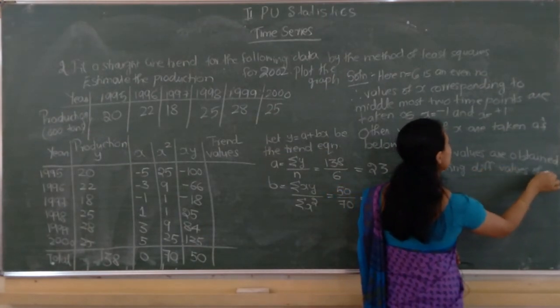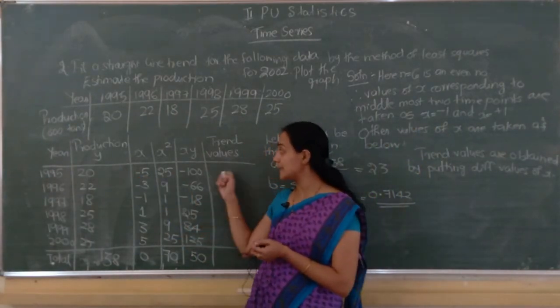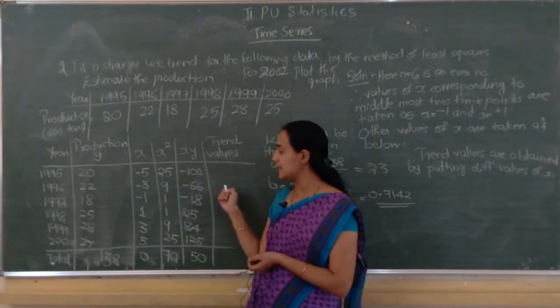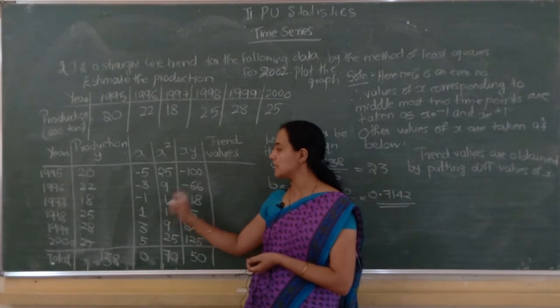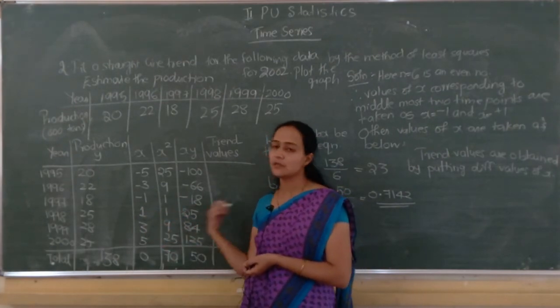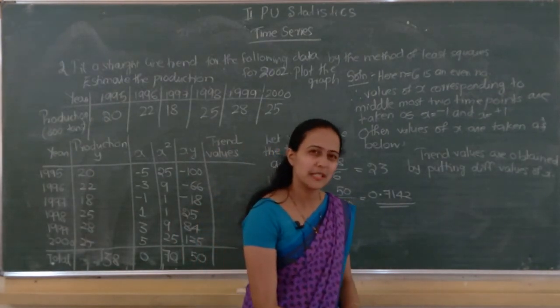When x equal to -5, I get the trend value for the first year. When x equal to -3, I get the trend value for the second one. X equal to -1, the trend value for the third one. X equal to 1, I will get this one. X equal to 3, x equal to 5. Okay, clear na? Yes, I will do it directly.